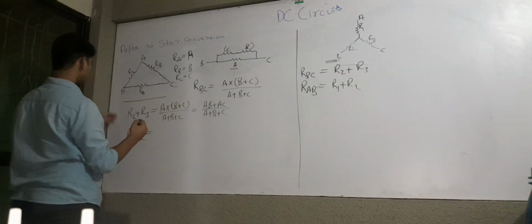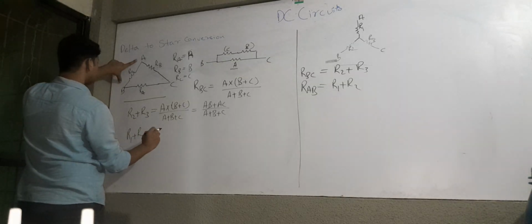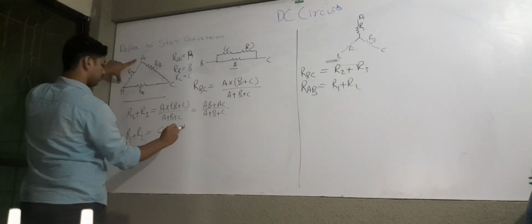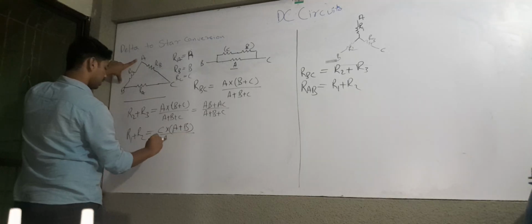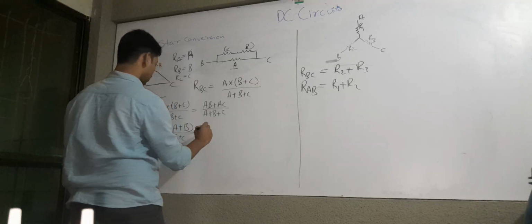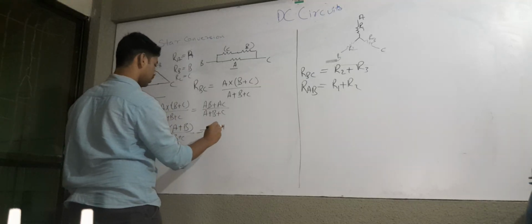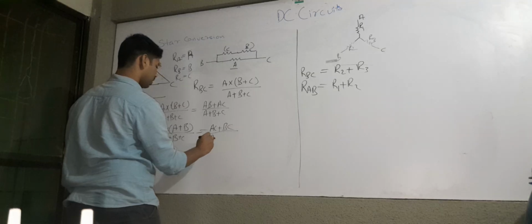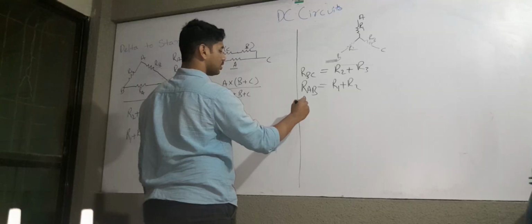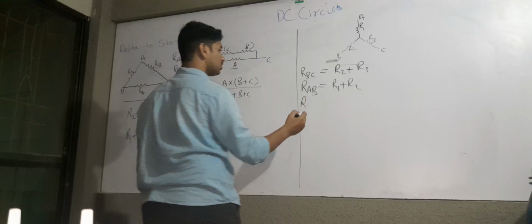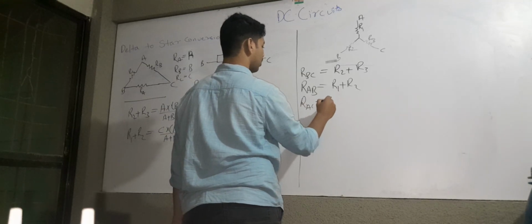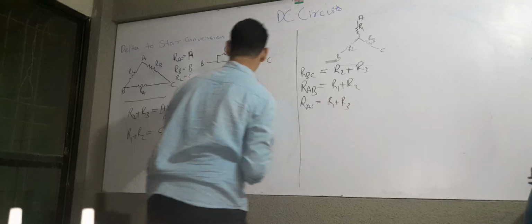This one would be equal to C times A plus B by A plus B plus C, which would be equal to AC plus BC by A plus B plus C. And the last combination we get here is AC, which will be equal to R1 plus R3.